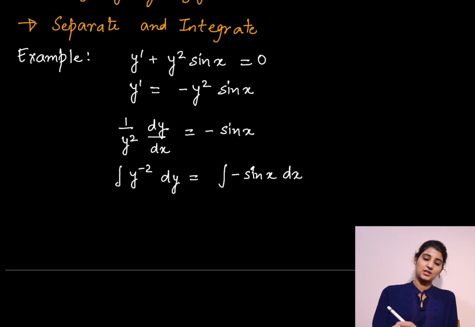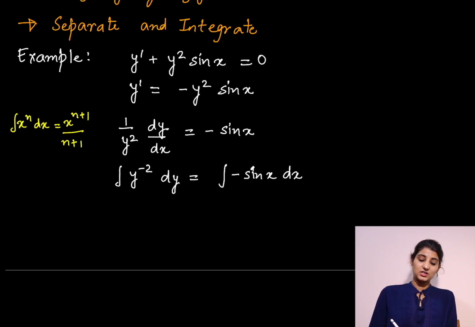Okay. I hope you all remember the power rule of integration. The integral of x to the power n dx is equal to, we increase the power by 1 and we divide by the same power. Whenever you are dealing with an indefinite integral, never forget to put a constant of integration.